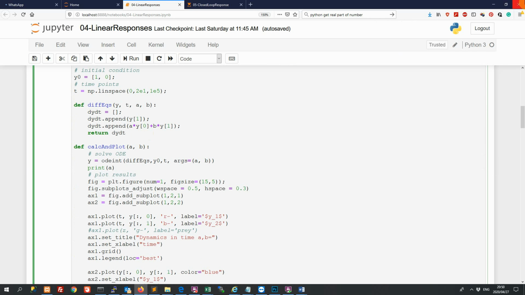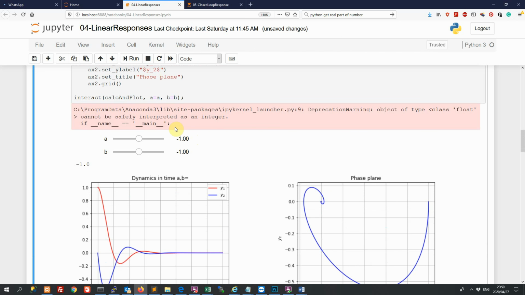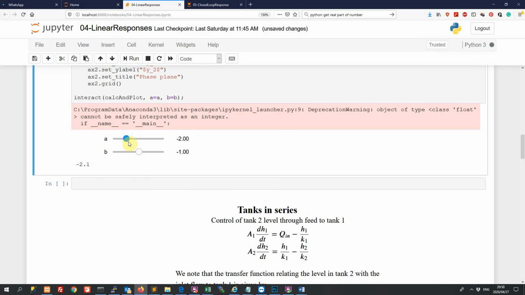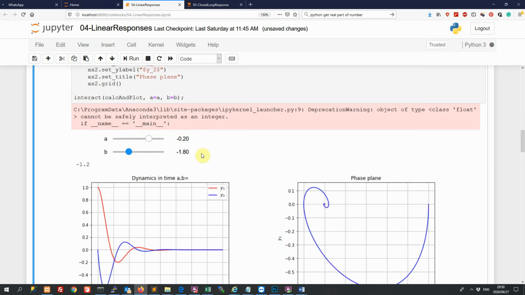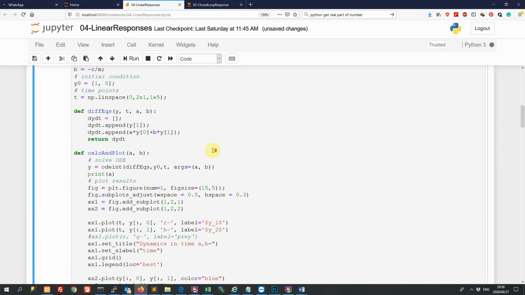Just going to rerun this. I'm going to scale back a bit on this. Anyway, let that tick along a bit, and let's look at the code.